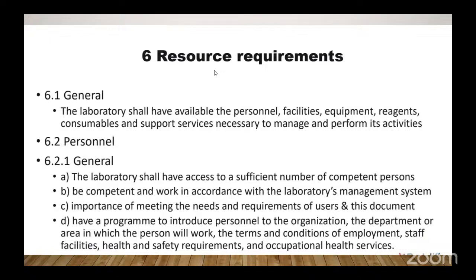Now, it is important that once this personnel comes in, they are to undergo what is known as introduction, orientation to the organization. So the department area, the place of work, terms of condition, the healthcare facilities, access to facilities, leaves, everything. You have to ensure that the personnel undergo orientation.